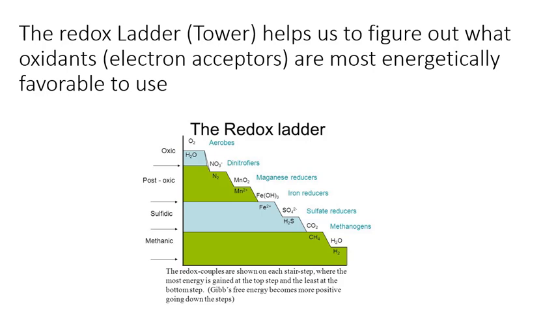You can see that oxygen is the top choice. It yields the most energy, and aerobic microbes will outcompete microbes that specialize in other types of oxidants when oxygen is present. Methanogenesis, which uses CO2 as an oxidant, does not yield much free energy, and so it is the last option for microbes in various ecosystems.